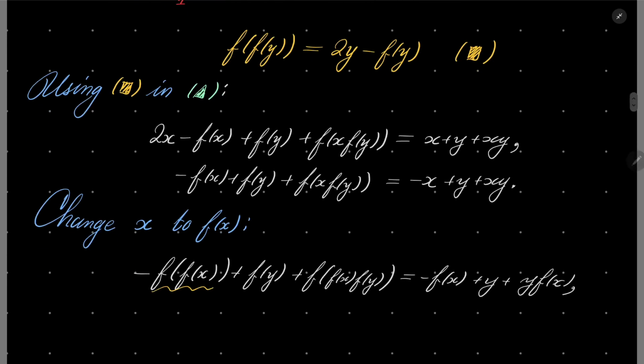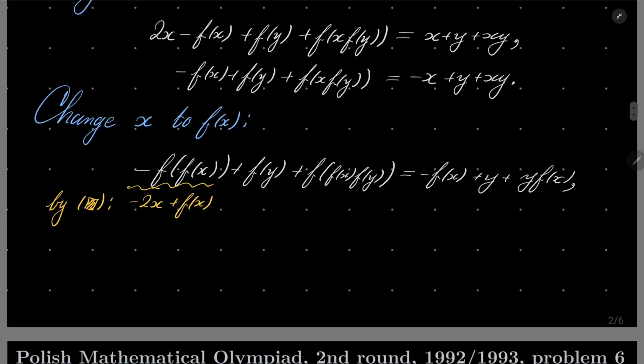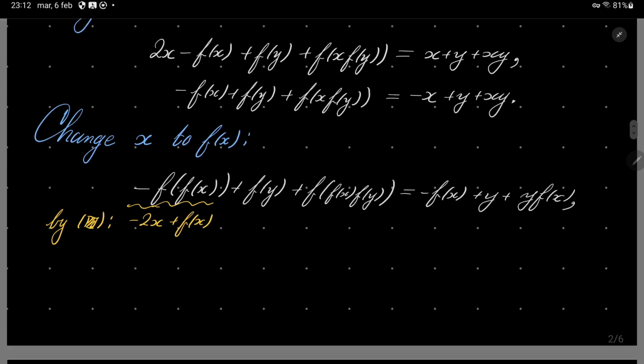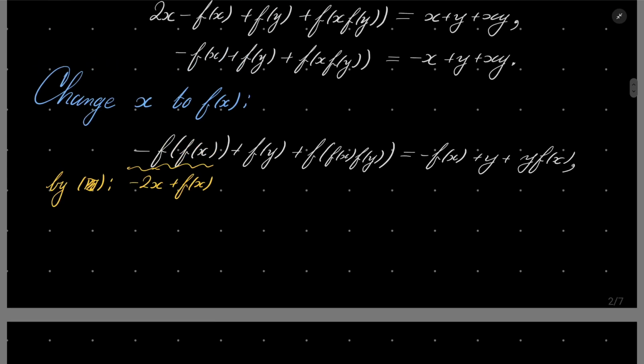And now let's use our condition, which I marked by square once again. Minus f of x can be replaced by minus 2x plus f of x by our condition square. And now I need a new page, so give me a minute. Right? So we have the following.